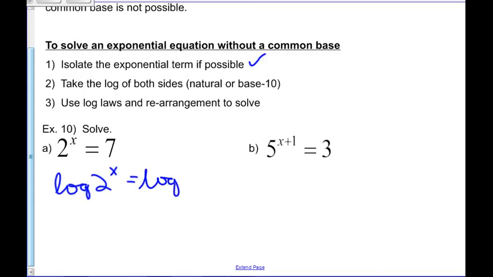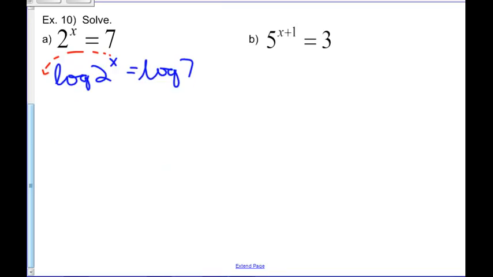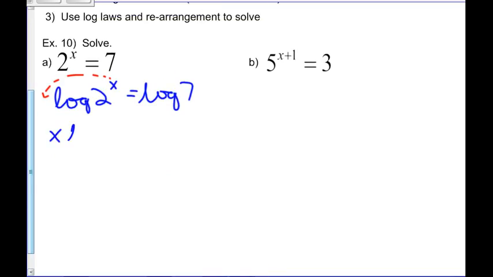I could have just as easily taken log base e, but it has to be one that your calculator does. So we have log of 2 to the x equals log 7. Now here's the special feature. This x can now pop down front. So we can have x log 2 equals log 7.